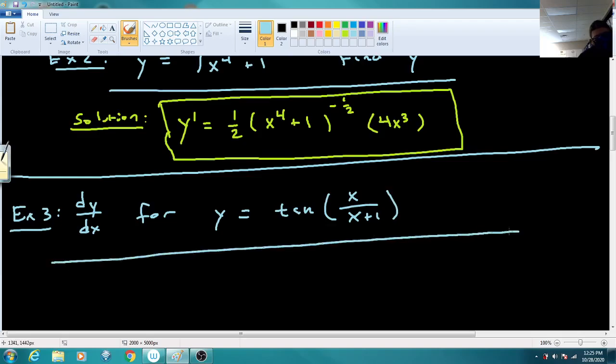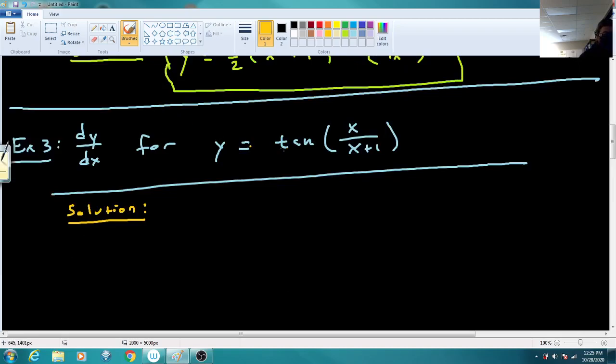Okay, so for our solution here, tangent is the outer function, so we'll take the derivative of tangent, which will become secant squared. We'll leave the inner part alone. Then we need to multiply by the derivative of the inner part, and that's going to require the quotient rule.